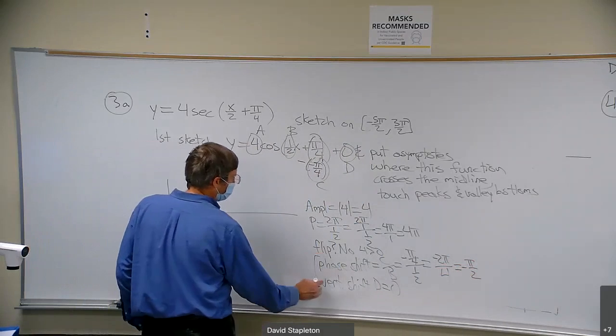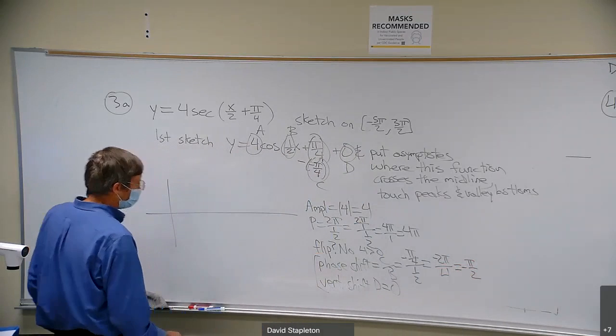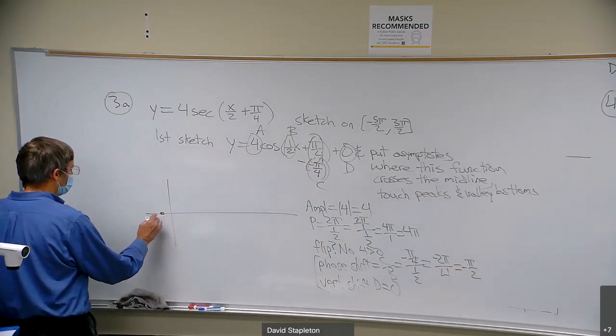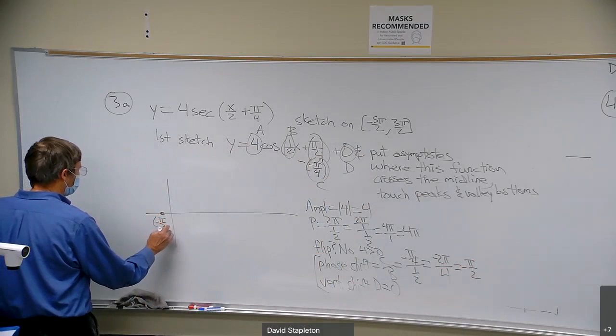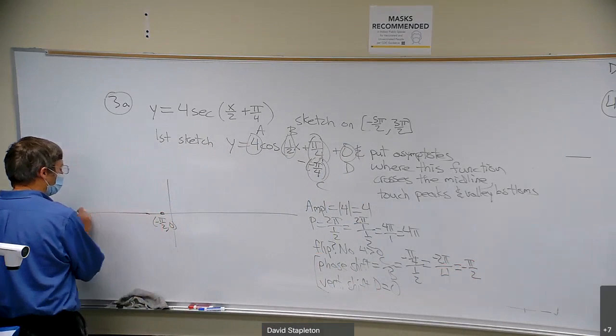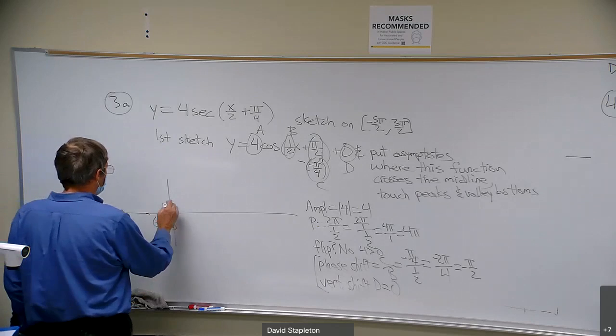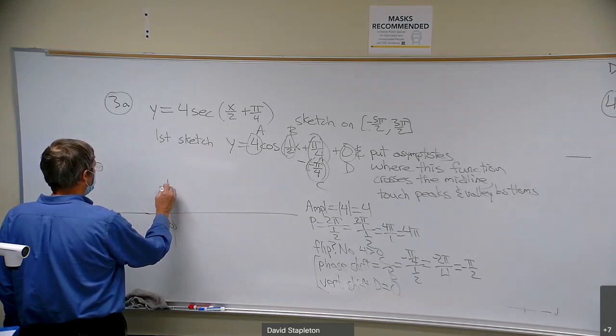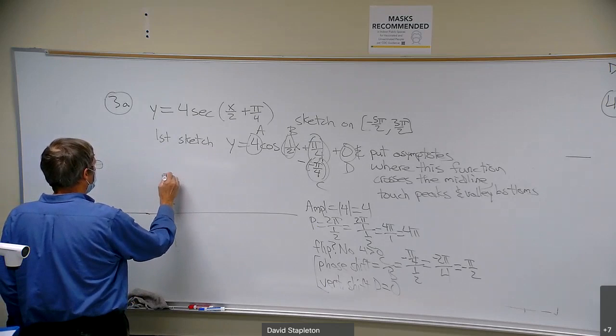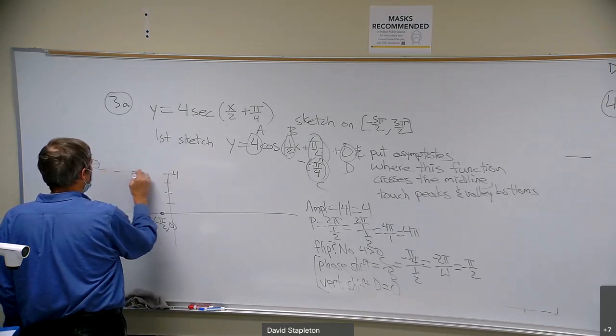Start with the shift. Draw that as a shift point, minus pi over 2, 0, and put it right here. Now the amplitude is 4, so I go up 4 units. That's a guideline.